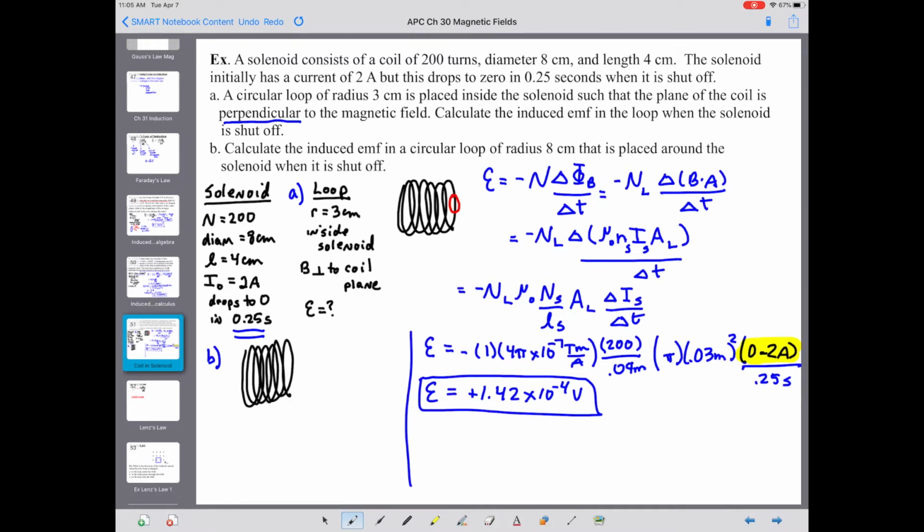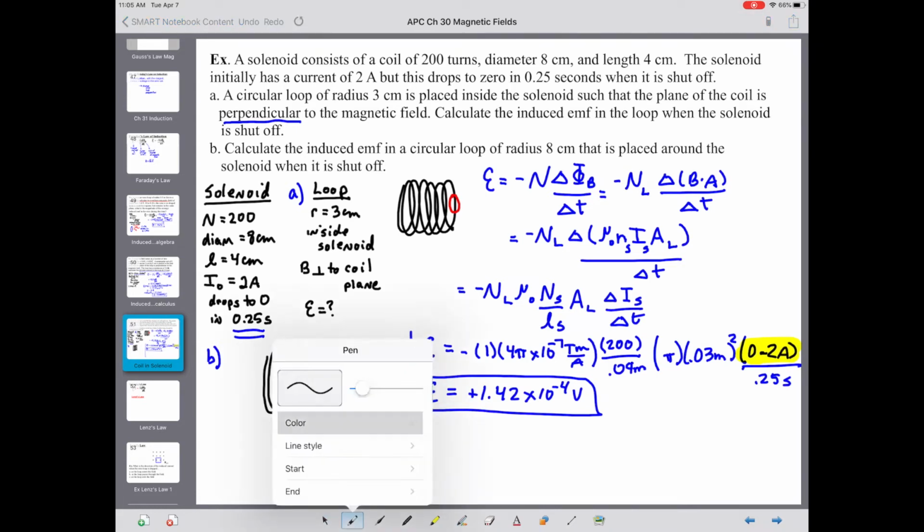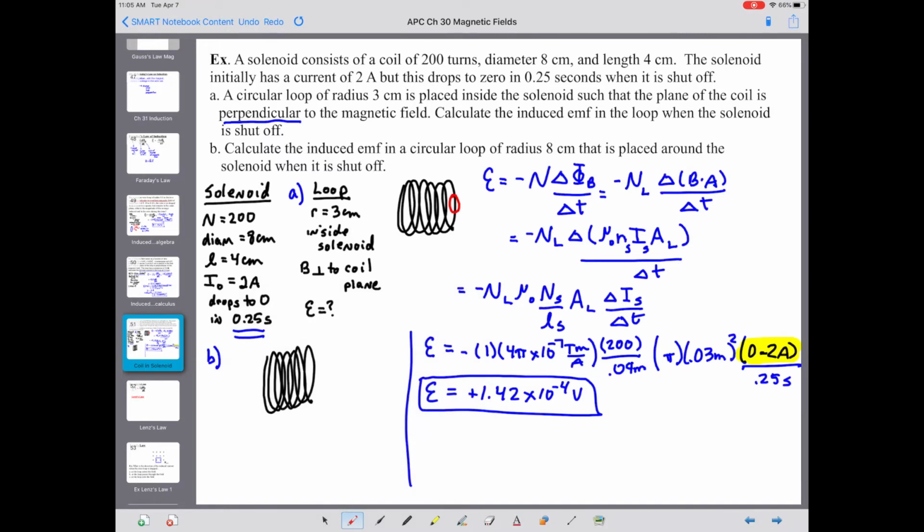Our situation, we still have our solenoid, but now our loop is bigger. Our loop has a radius of 8 centimeters. Our solenoid has a radius of 4 centimeters. So that means our loop is sitting out here somewhere like that.